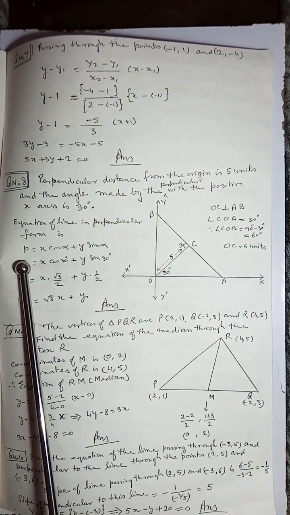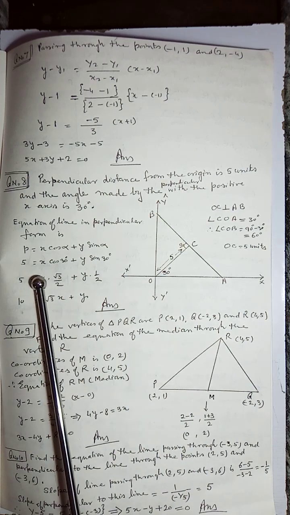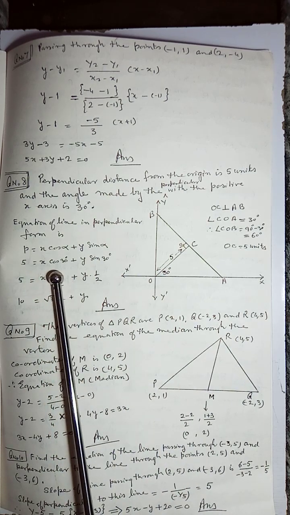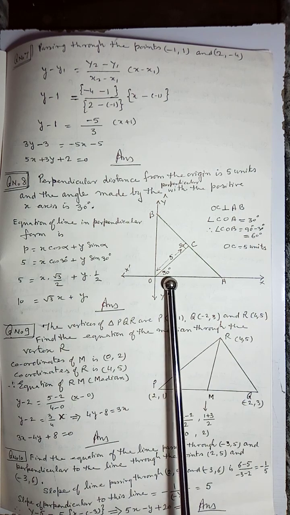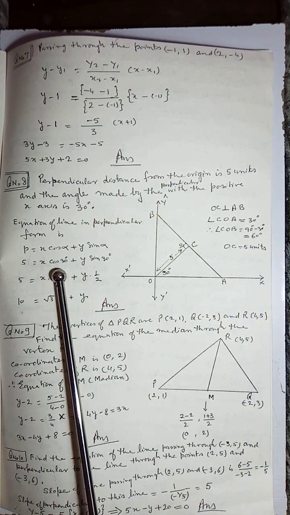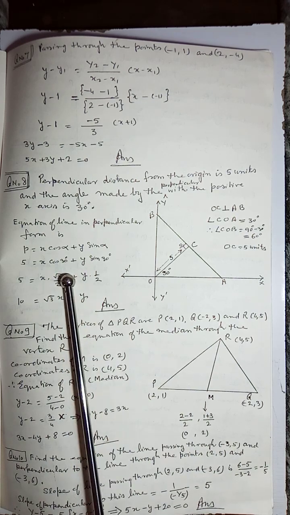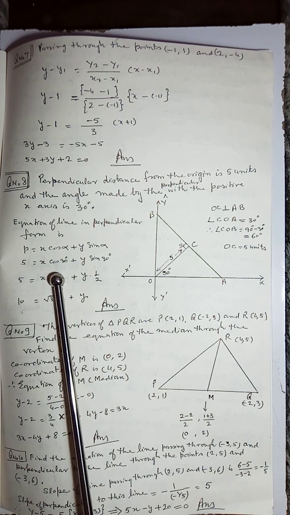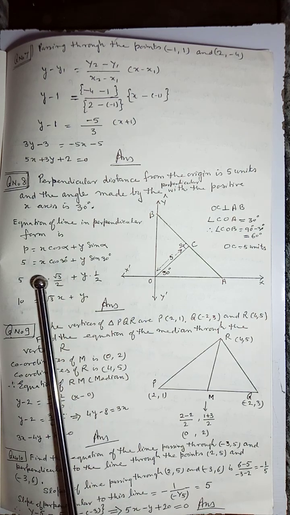In place of p, the perpendicular distance, that is 5, it is given. So x cos 30 degrees plus y sin 30 degrees, alpha stands for 30 degrees. I have just substituted the values in the general equation in the perpendicular form.